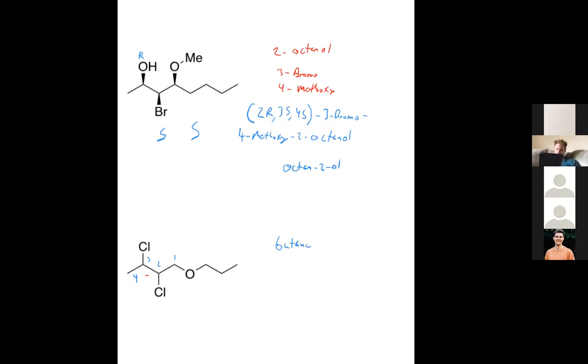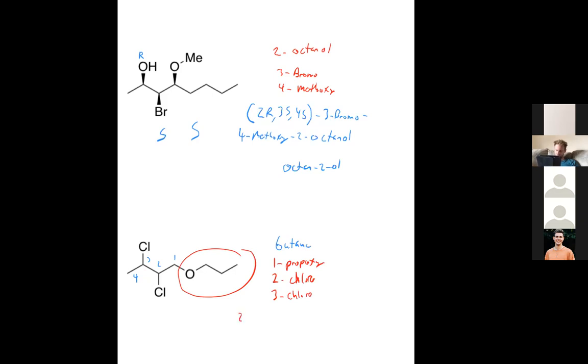Treating this like it's one substituent here, so 3 carbons will be a propoxy. So you call that 1-propoxy. 2-chloro. 3-chloro. Putting these in alphabetical order, C comes first.